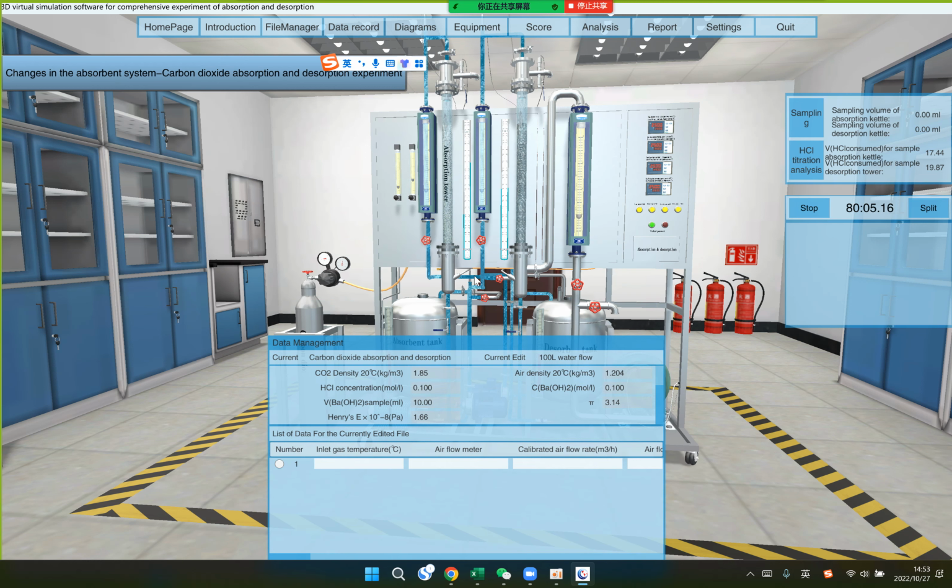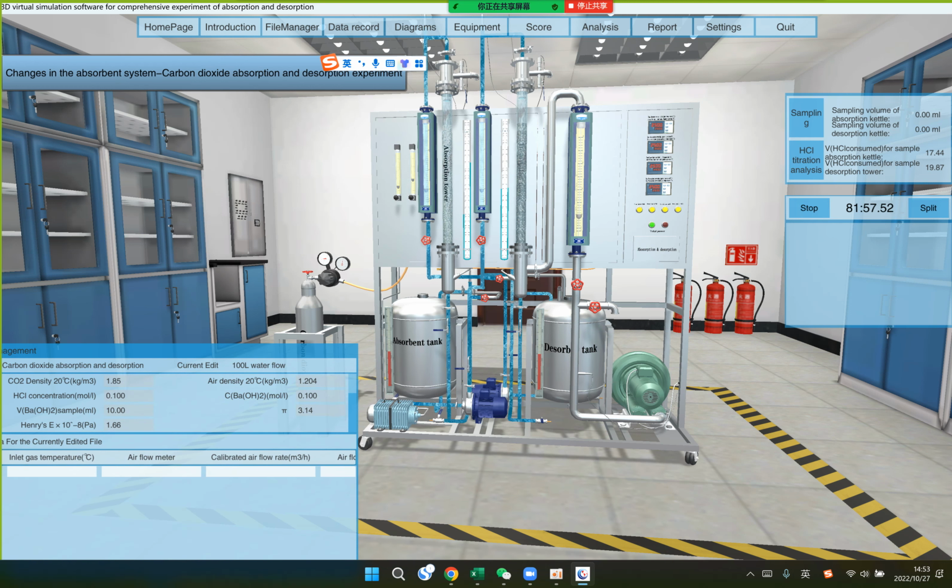The desorption tower is for the bottom, and the absorption tower is for the top, because the liquid moves from the absorption tower to the desorption tower. So the carbon dioxide concentration of the liquid at the bottom of the absorption tower is equal to the sample in the desorption tank. So it should be 19.87 in this part.